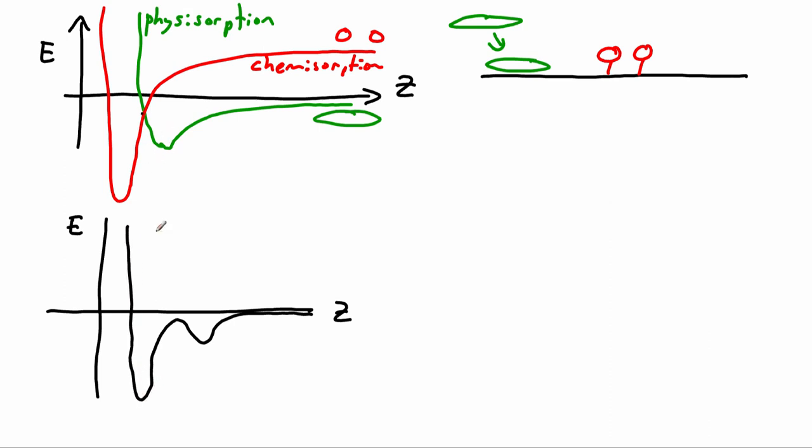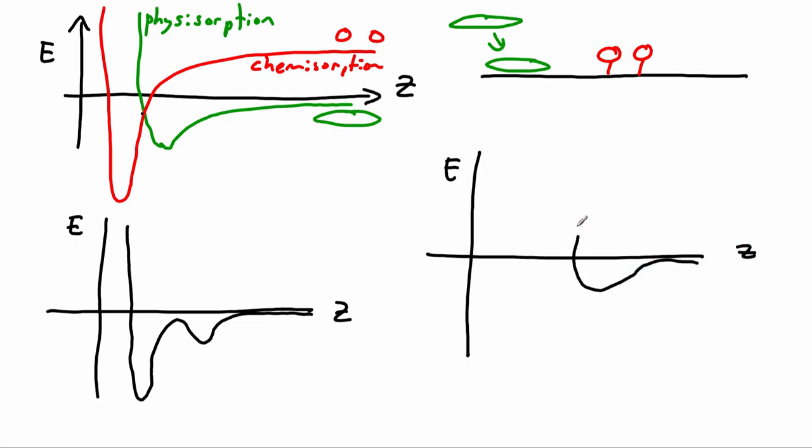And notice the maximum here is going to depend on the numerical values of these two curves. We can end up with a curve that looks like this, where we actually have the potential energy go through a maximum above the zero of potential energy.